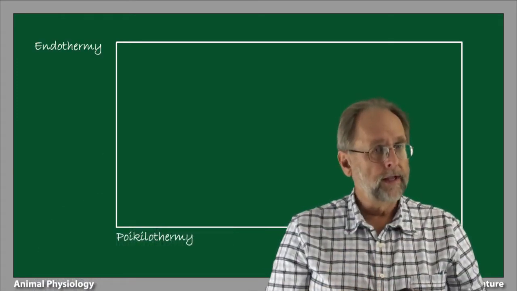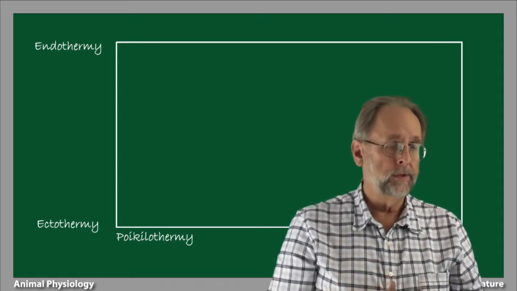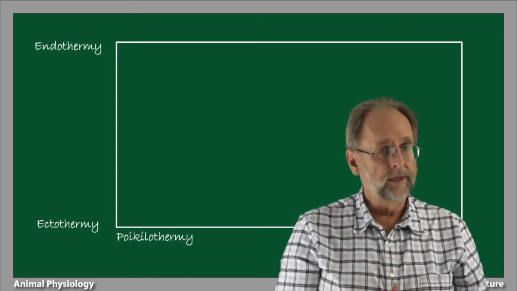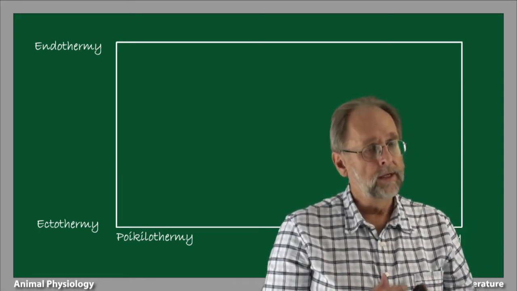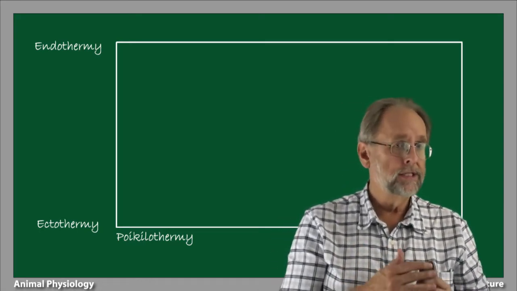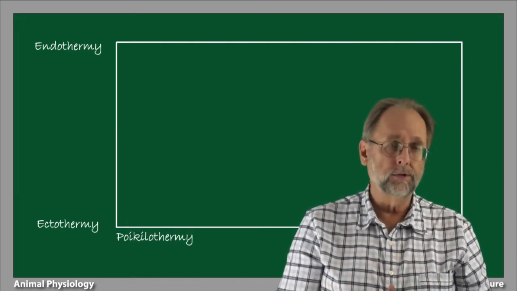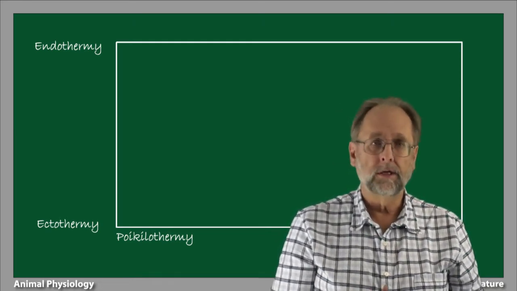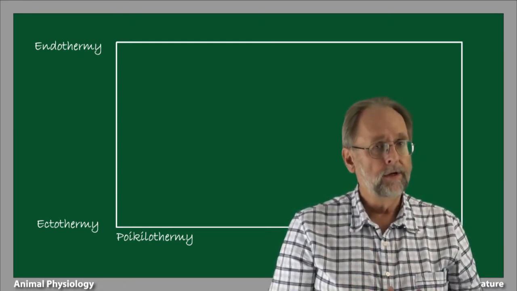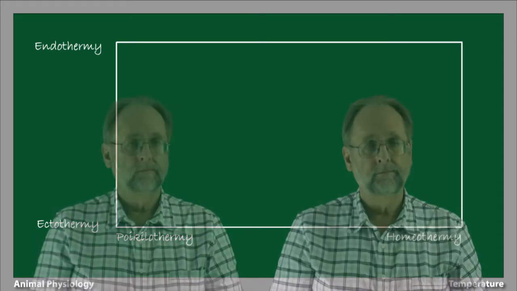And on the vertical axis, we have the continuum between ectothermy, that is, animals that receive a great deal of their thermal energy budget from external physical sources, to endothermy, that is, animals that generate a considerable proportion of their thermal energy budget from metabolic fuels. Plotted against one another, this covers all the possible combinations that together comprise a map of the thermal lifestyle space.